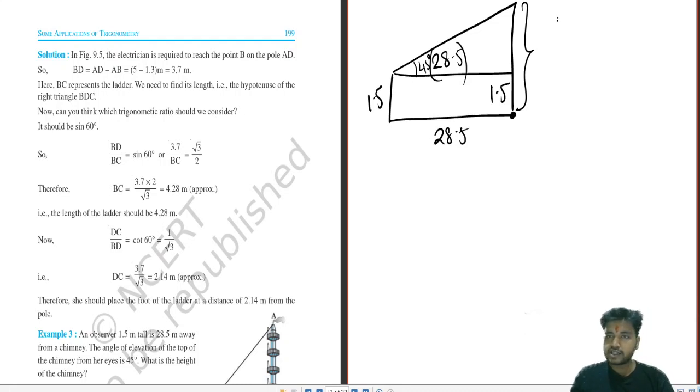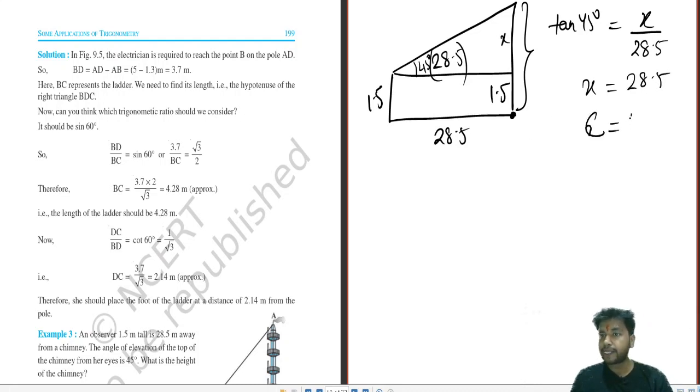Now if you look at this, this will be tan 45 and that is x by 28.5. Sorry, that will be p by b. So in the top there will be x, if I am taking this as x, and this will be 28.5. So tan 45 is 1, so x is equal to 28.5. So height of the chimney will be 28.5 plus 1.5, that is 30 meters.